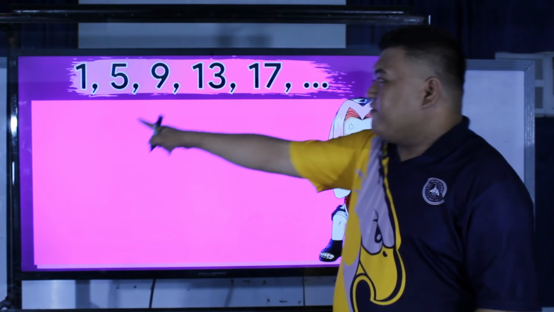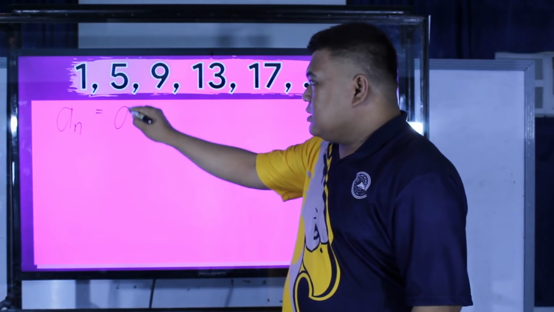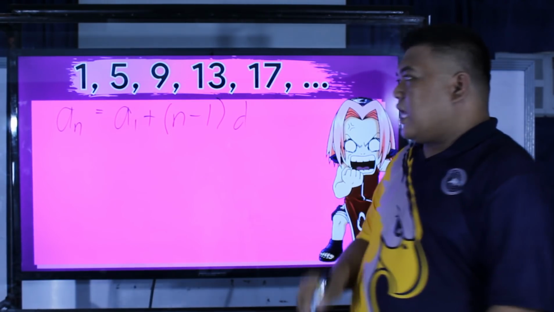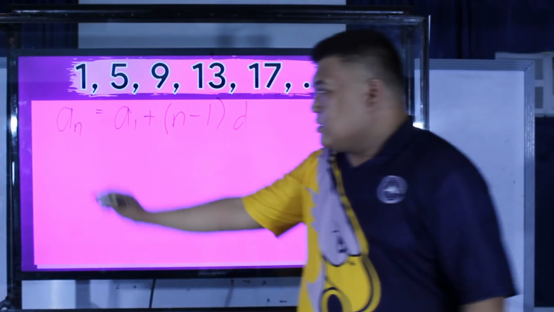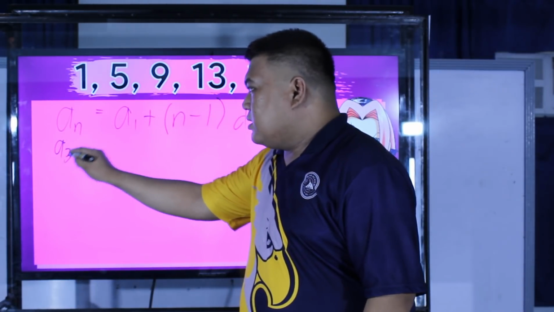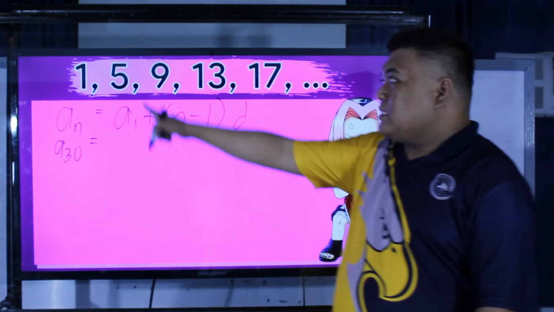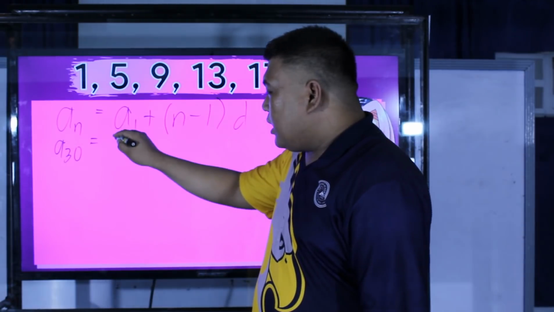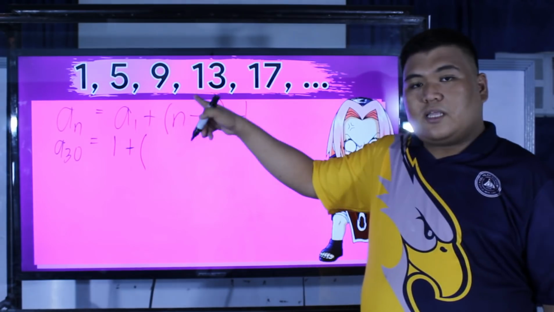So again, we will have the formula a sub n equals a sub 1 plus n minus 1 times d. Since we are looking for the 30th term, we will look for a sub 30. A sub 1 is the first term, which is 1, plus n, the number of terms.